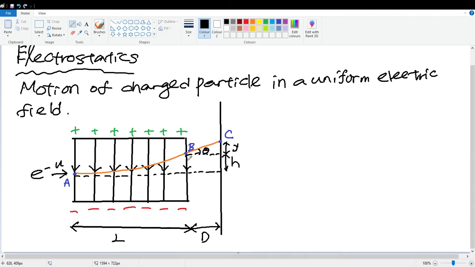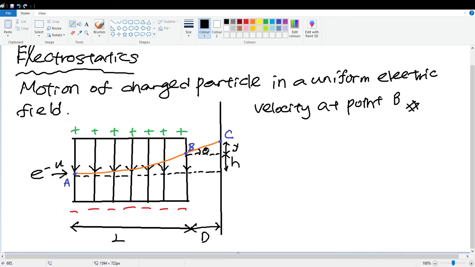Our velocity basically is here at point B. So our main objective is to find the velocity at point B.